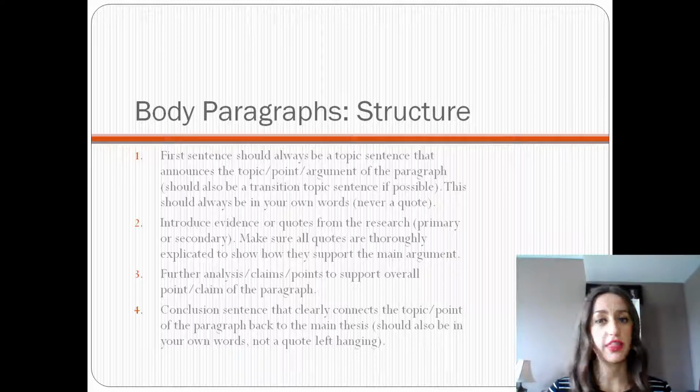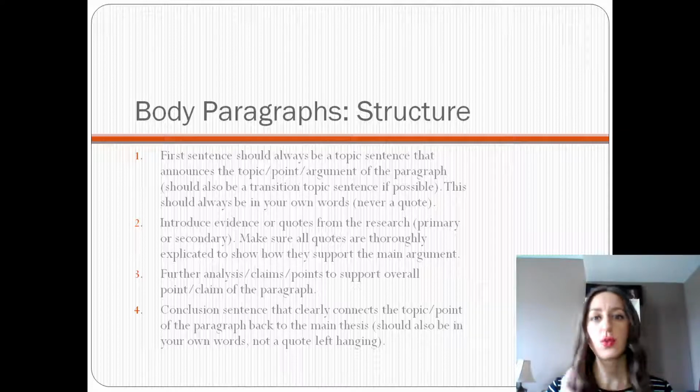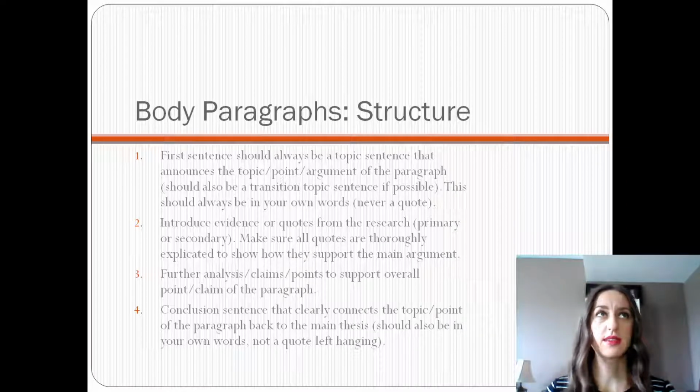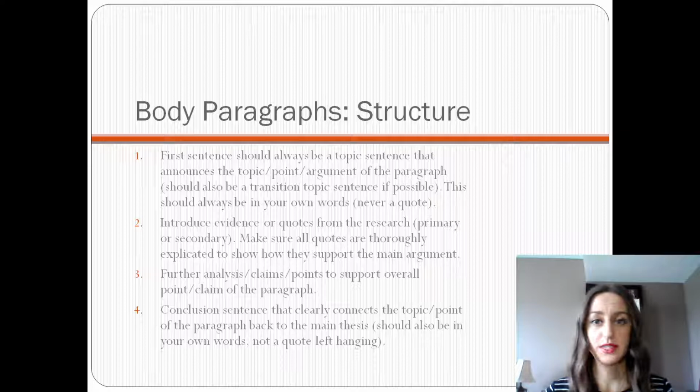Make sure they are all thoroughly explained to show how they support the main argument. We're going to come back and talk about that quite a bit. I can't remember if it's this lecture or the next one, actually, but we're going to talk about how to do that. Then after you introduce evidence, you have time, space for any further analysis or claims or however you're going to develop your point in your own words if you want to do that.